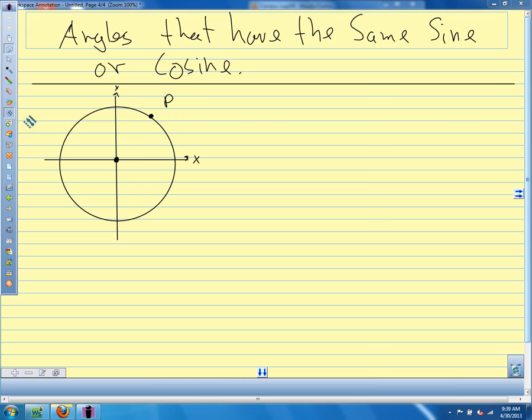And I'm going to draw my radius up to point P. And we'll call this angle of rotation angle A. Well, this side of my triangle is my y coordinate. I'm going to draw another point on the unit circle that has the exact same y coordinate.